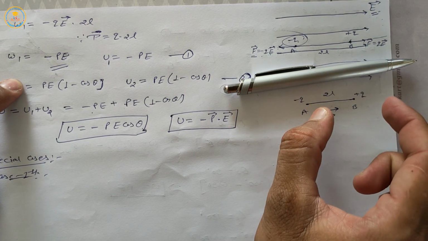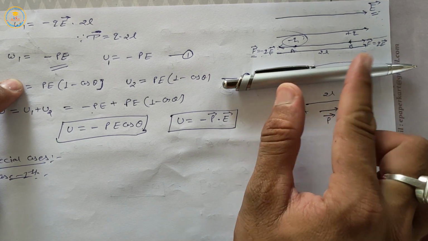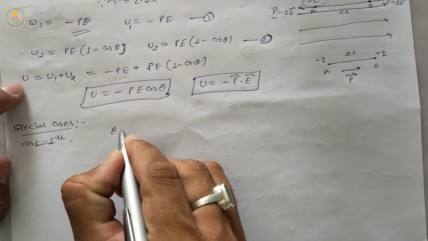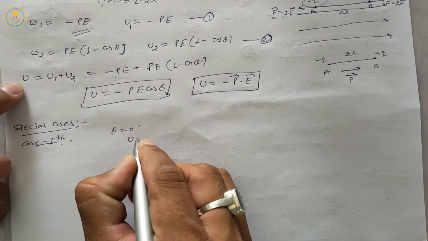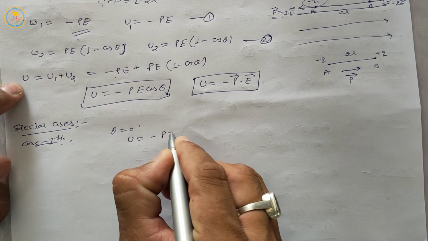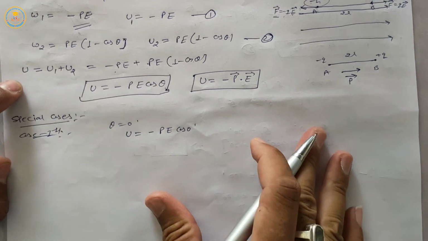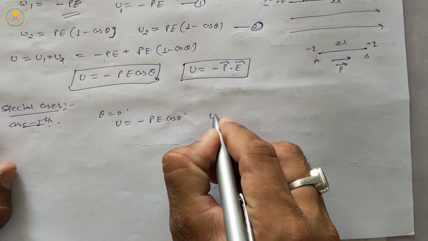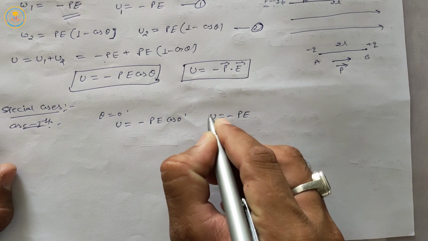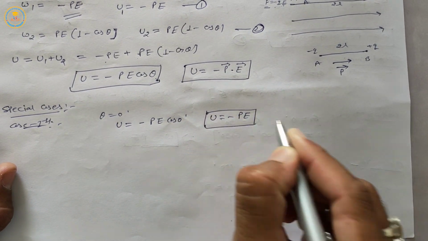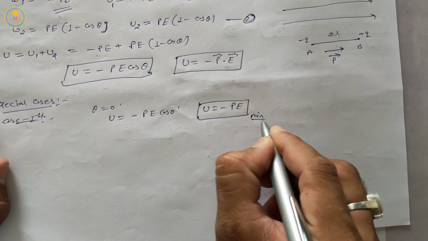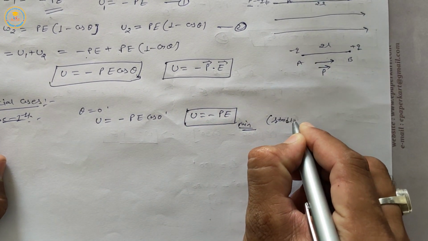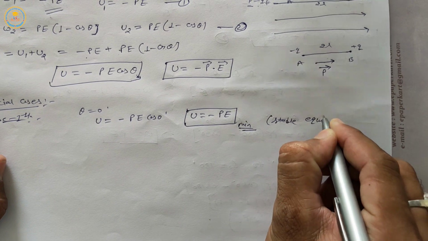Then theta is equal to 0 degrees. Potential energy U is equal to minus pE cos 0. We know that the value of cos 0 is equal to 1. So U is equal to minus pE. This is the minimum potential energy, and in this condition the electric dipole is in a stable equilibrium state.